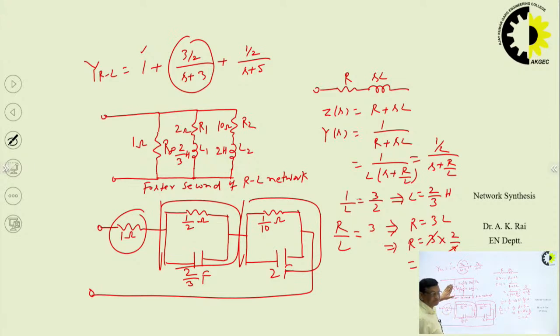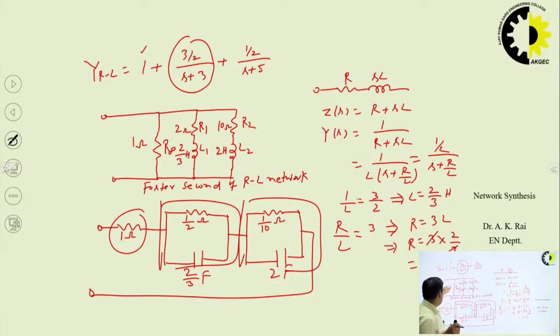Look at here, this is your impedance, so the dual of impedance is admittance. So what we do in the dual, we take the magnitude as it is, we just change the unit.